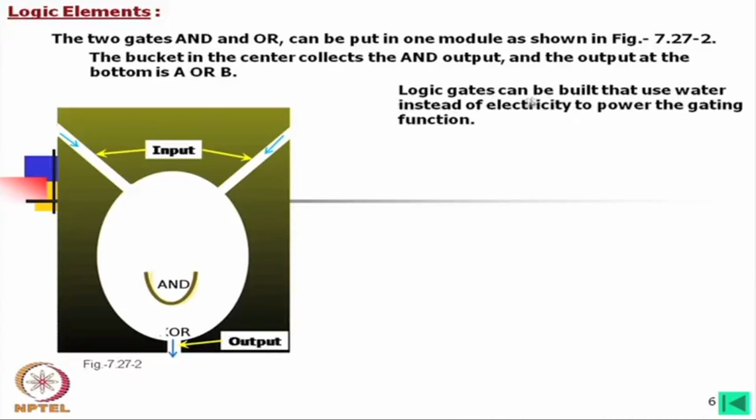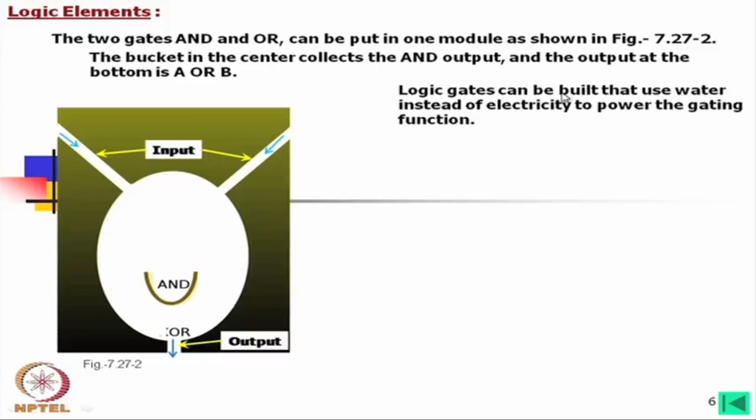Now, logic gates can be built that use water instead of electricity to power the gating function. This means, in this case the function itself is performed by the fluid flow. This indicates that you may need to amplify this power.